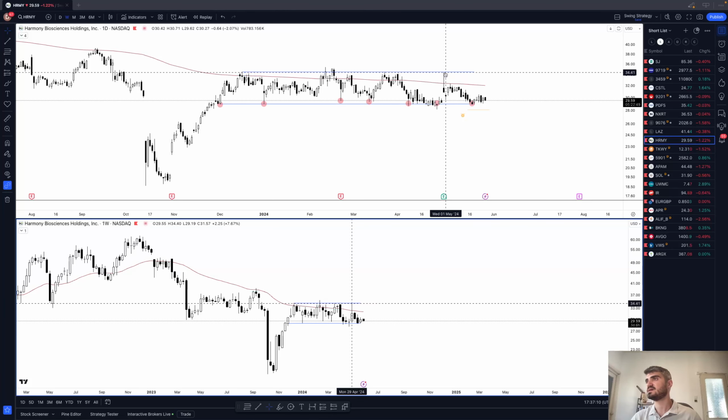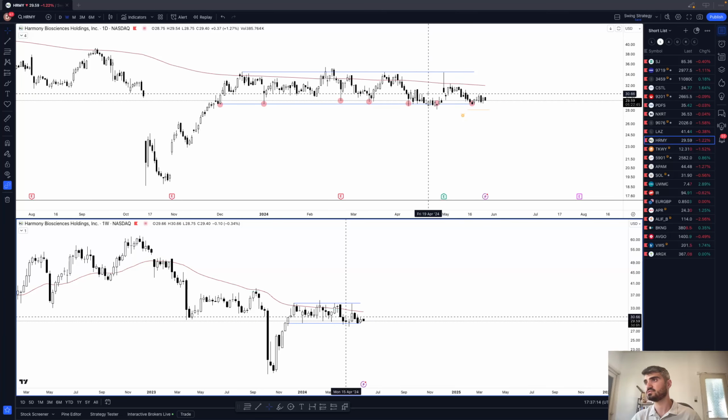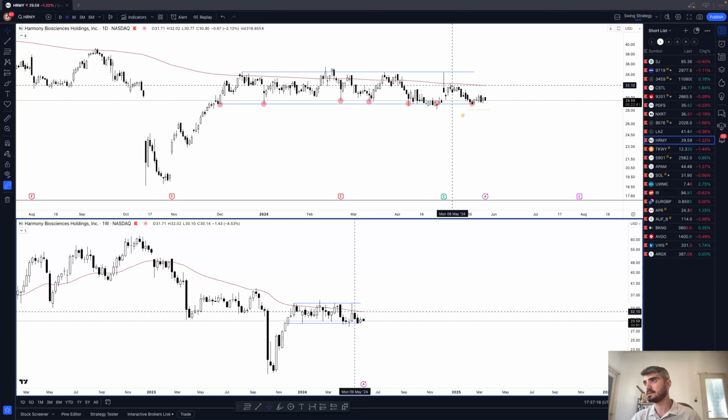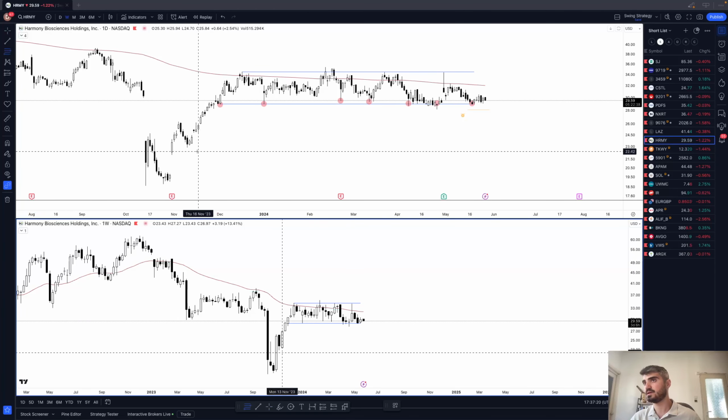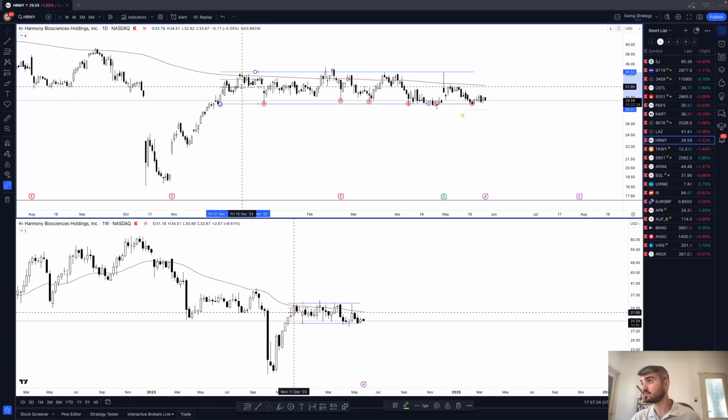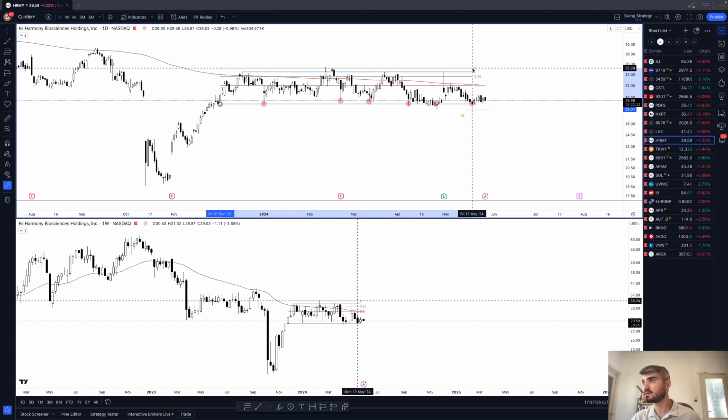So we had an earnings day and a very strong rejection from the upper boundary. From this point on, we are in a sense operating at the bearish half of the rectangle.